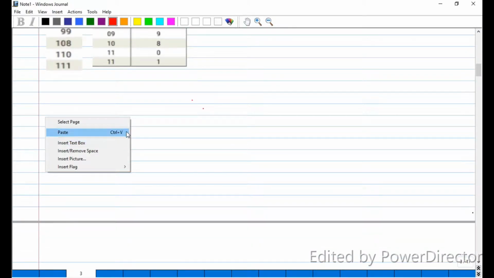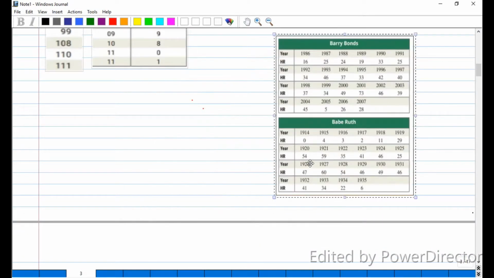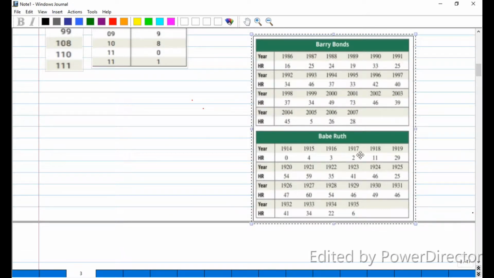So we could take a big set of data like this, where we have the home runs Barry Bonds and Babe Ruth hit per season.